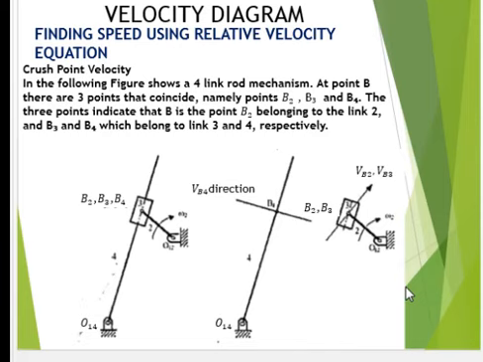Now we will discuss another velocity condition, cross point velocity. The following figure shows the link mechanism at point B. This is another condition, like a cross point velocity.